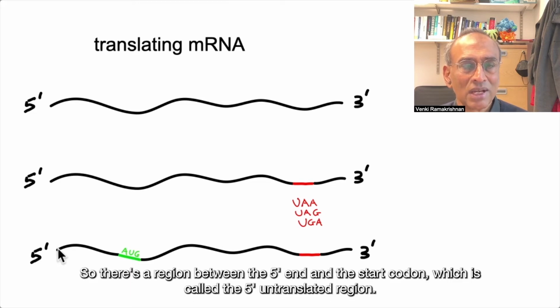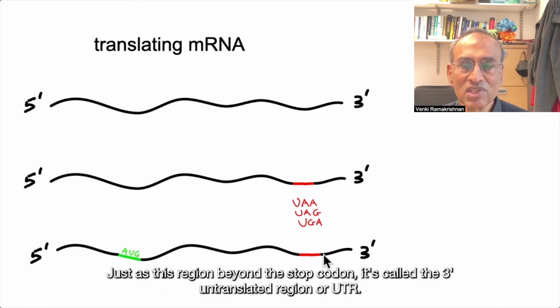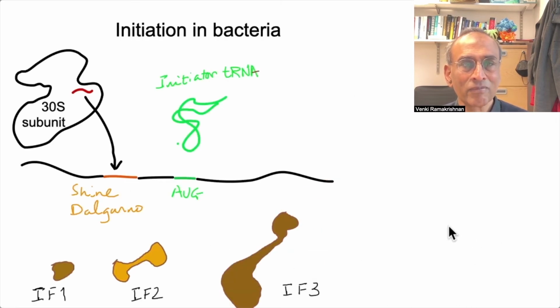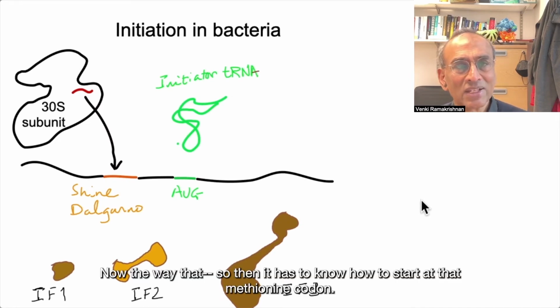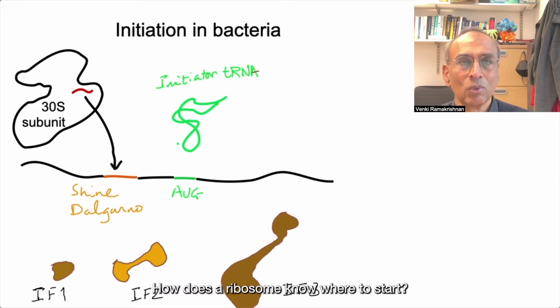So there's a region between the 5' end and the start codon, which is called the 5' untranslated region, just as the region beyond the stop codon is called the 3' untranslated region, or UTR. Now, it has to know how to start at that methionine codon. How does the ribosome know where to start?